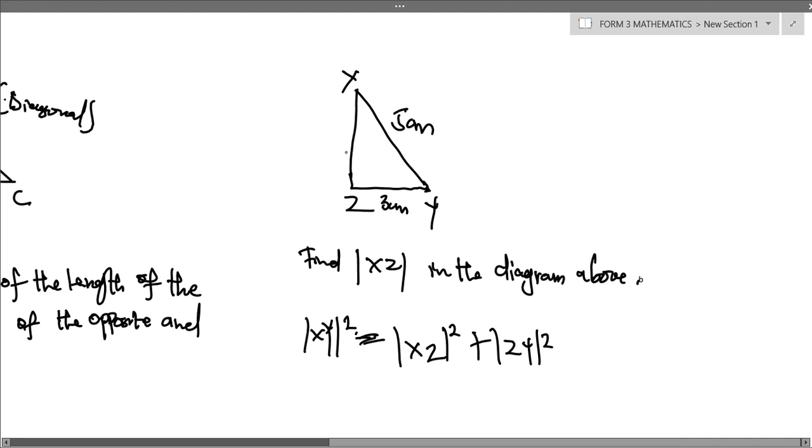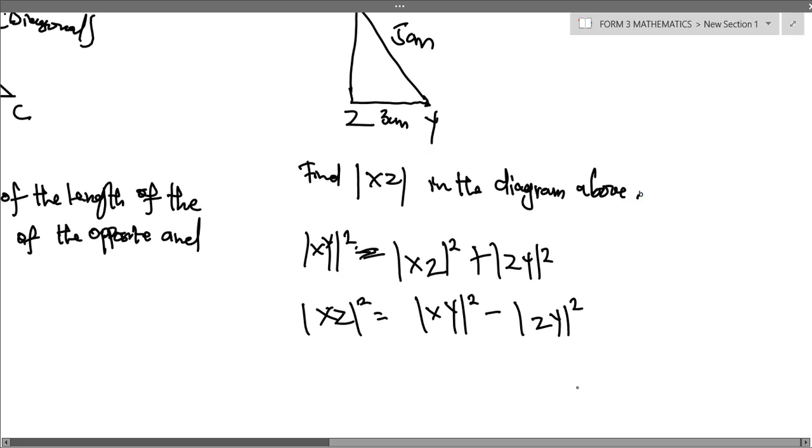The missing value here is the opposite, so we are going to find xz. So xz squared will give us xy squared minus zy squared. In other words, xz squared will give us 5 squared minus 3 squared.